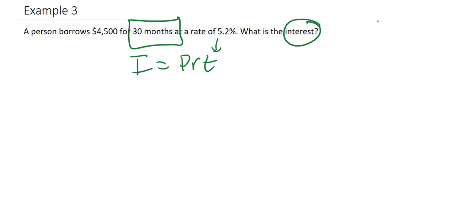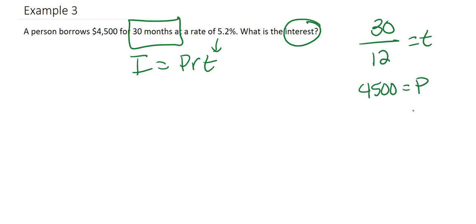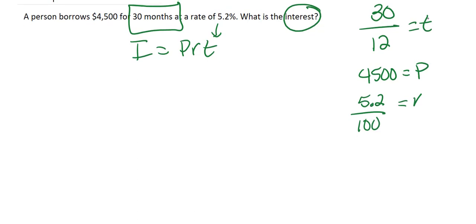Well, it's 12 months. So all we have to do is actually just go 30 divided by 12, and that would be our time, right? And so our P is going to be 4,500, and then our R is going to be 5.2%, and we're going to put that over 100. So we can go ahead and start to solve.